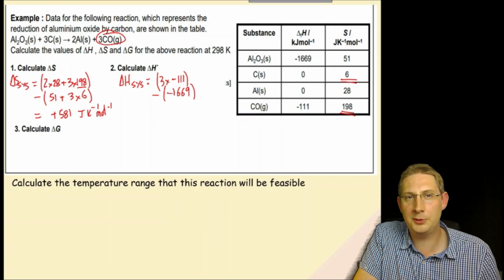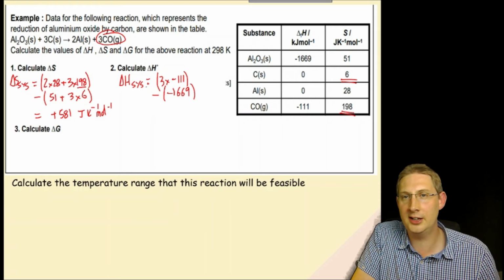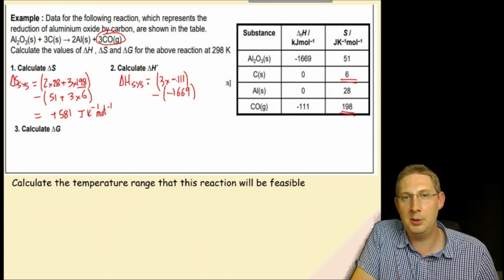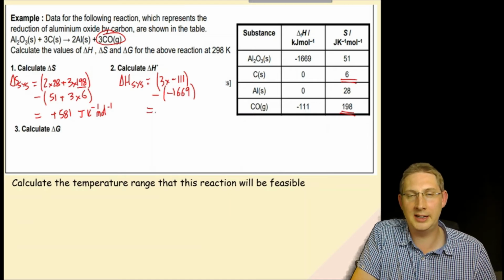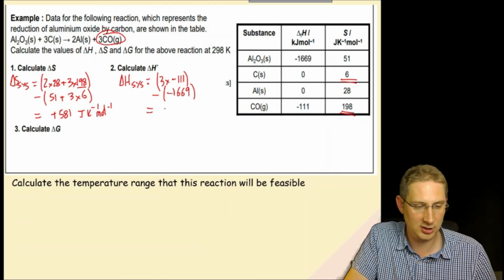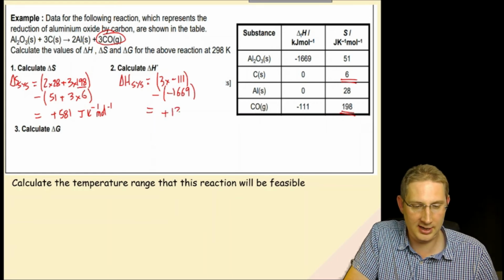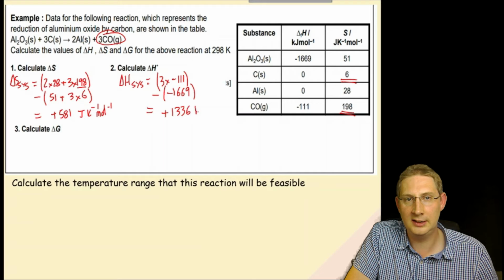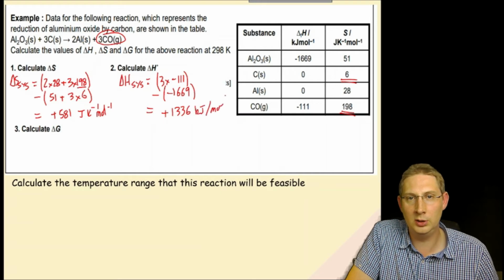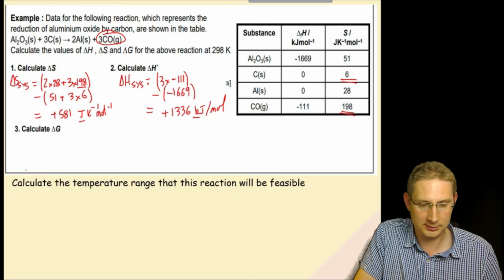Now, we're helped by the fact that these are elements and they don't have an enthalpy of formation, but we've got minus minuses and plus minuses, and you're more likely to make a sign error with deltaH. And that works out at plus 1336 kilojoules per mole. Again, notice this is in joules, this is in kilojoules.